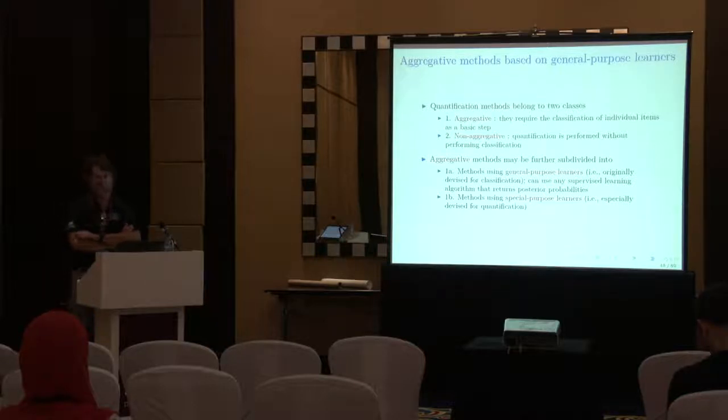The aggregative methods, in turn, you can figure out two main classes. One is based on general purpose learners. You could have SVMs with linear kernel, or KNN, decision trees, whatever. It means methods that can take as input any supervised learner and use that. Instead, the second class is special purpose learners, learning algorithms that have been designed with quantification in mind.